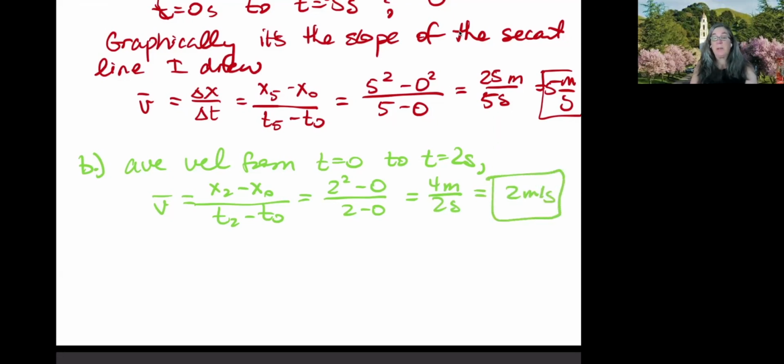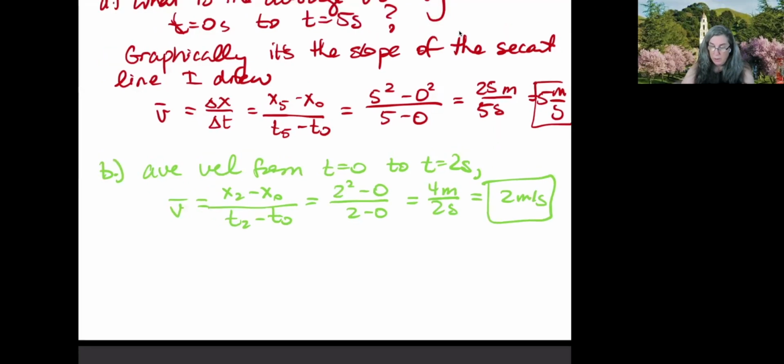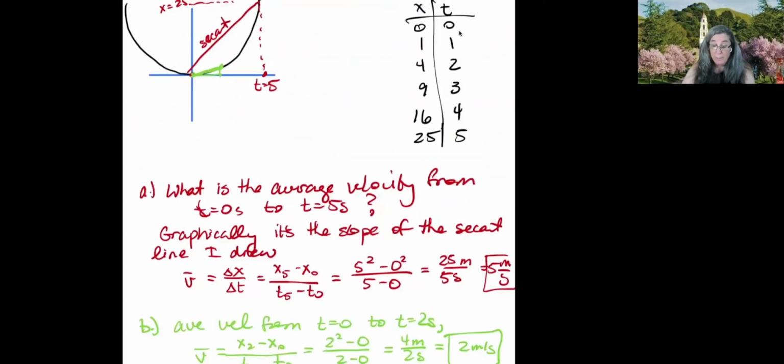So much, much less. We went from a slope of 5 meters per second to a slope of 2 meters per second.